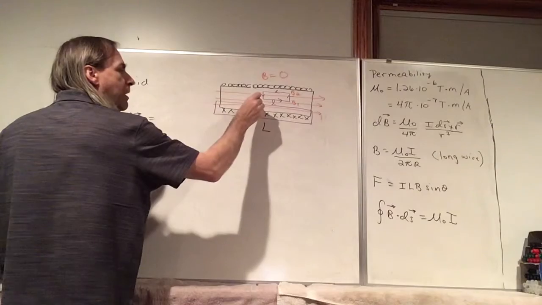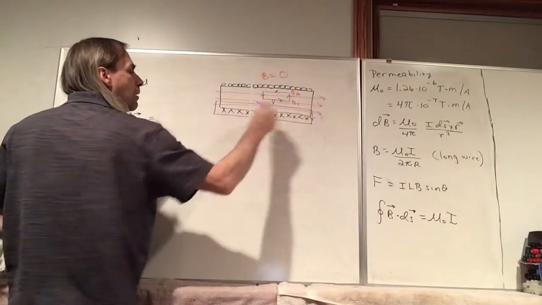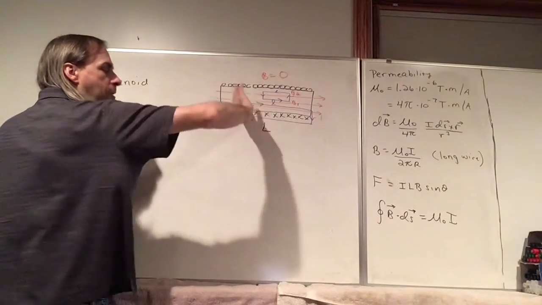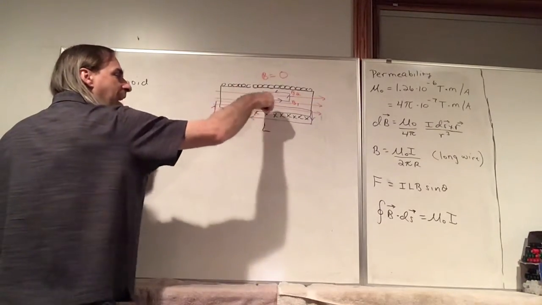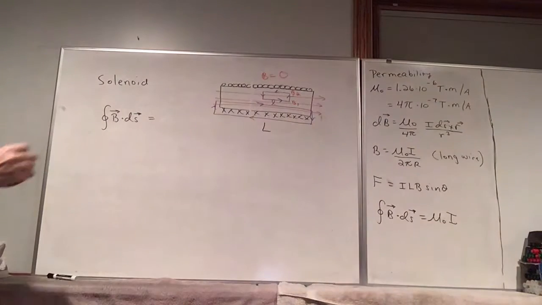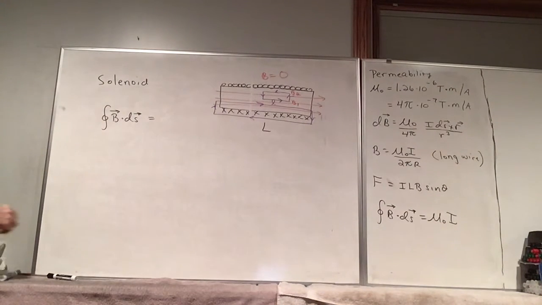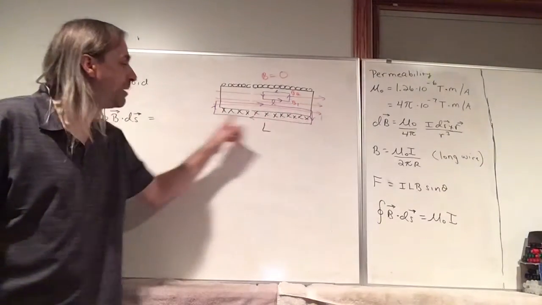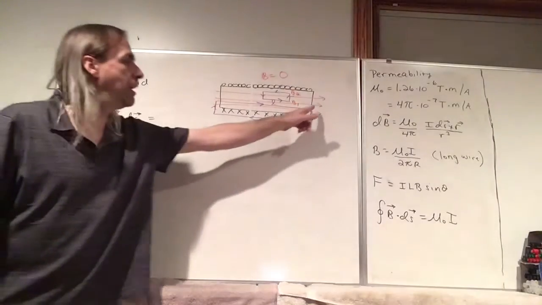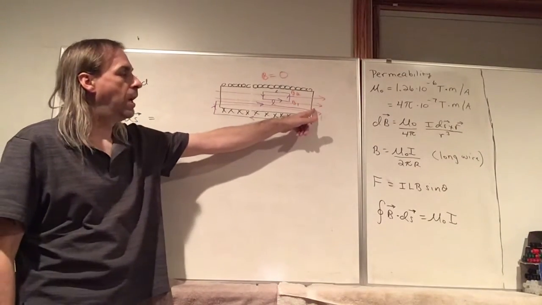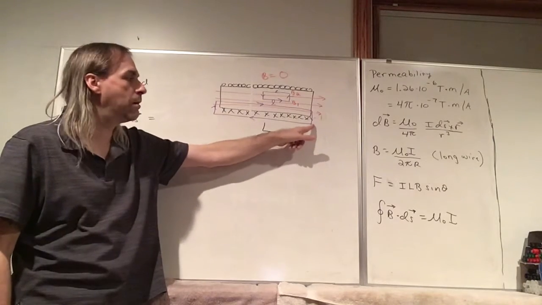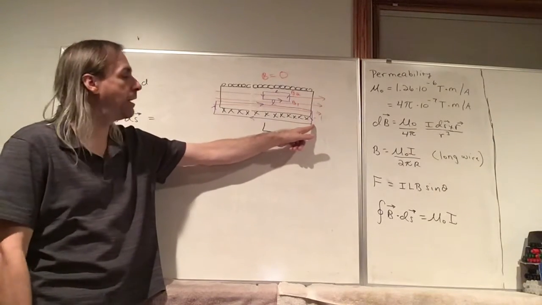I want to actually trace it this way, because we can see the current is into the board here. So let's trace it that way, so we'll get a positive result here. And so let's do this integral. Let's do B dot ds around this loop here. Let's start here. This will be the easiest thing to do. We're outside the solenoid, so magnetic field is zero here, so that contributes nothing to the integral.